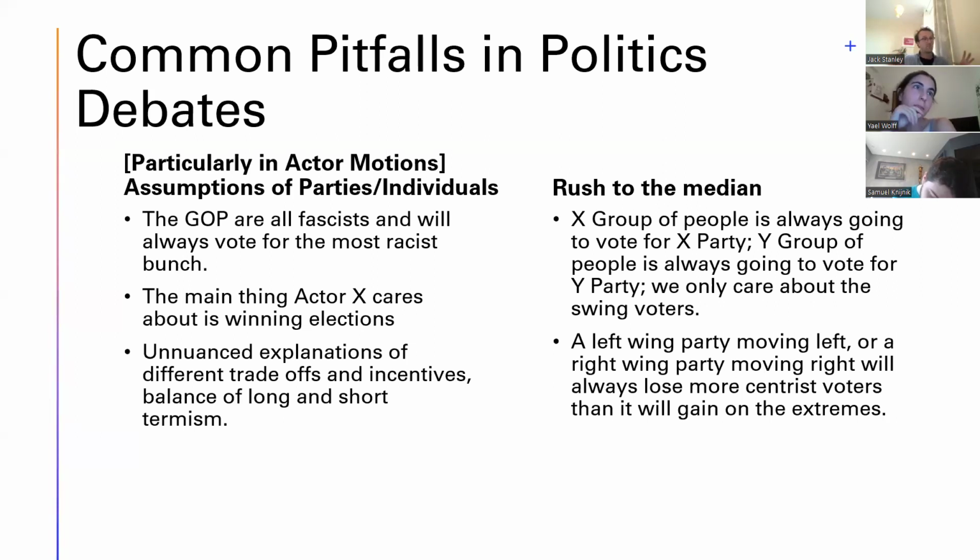And this rush to the median, I think, really forgets how individual voters actually work, which is you can't line every single person up and be like, this is the most left wing person to the most right wing person, and then be like, you in the middle, you are the centrist. Everybody has views on different topics that are slightly more left wing or slightly more right wing.